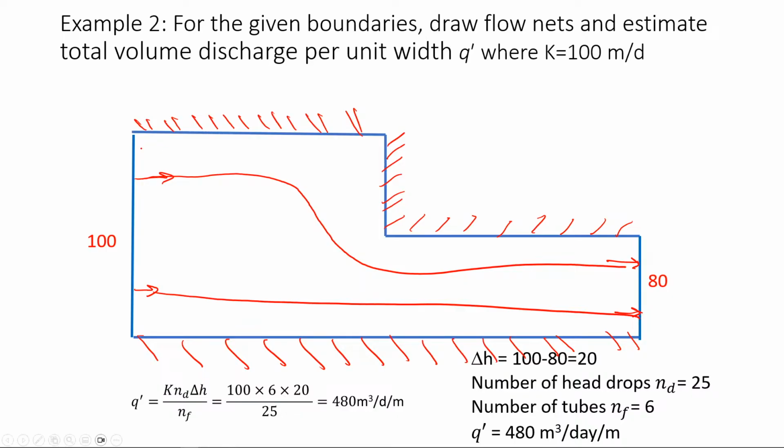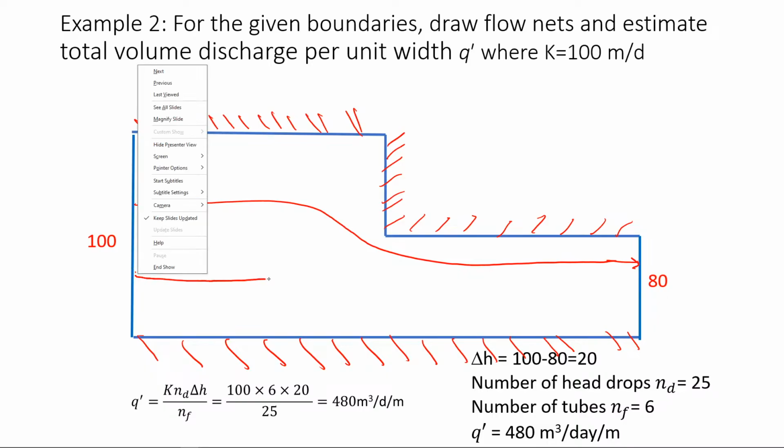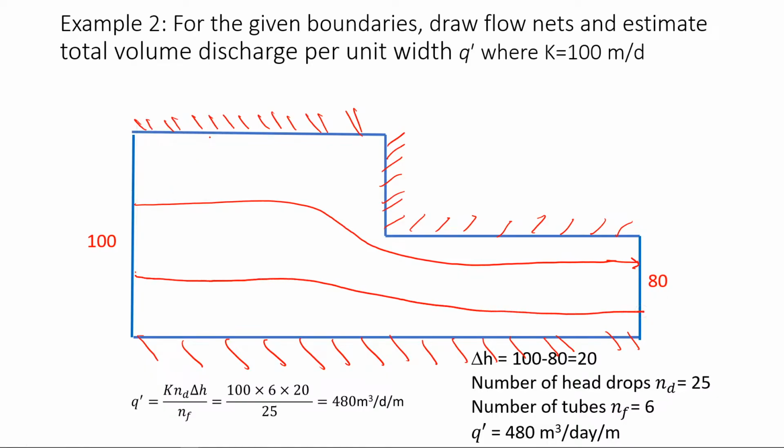And then you try to do your equipotential line. See here, I cannot make a good square here. So this means that maybe I'll just do something here, something here, maybe here. Cannot also, maybe I do something here. See, because you need to maintain good squares.